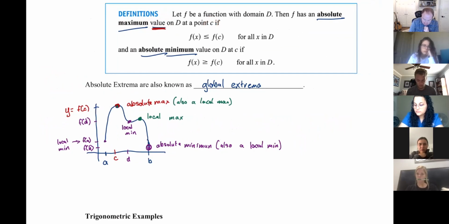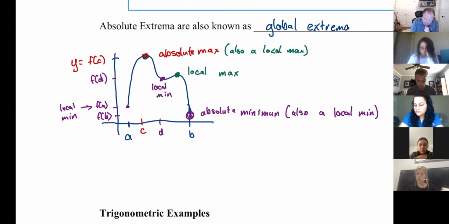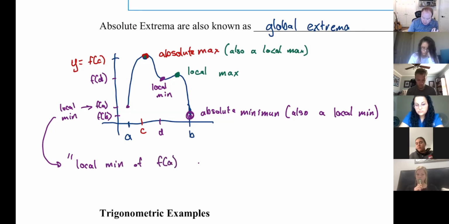So let's look at this one right here. We would have a statement like, we have a local minimum of f of A at x equals A. So this is kind of the statement you'll see. Okay. So the thing to note is the actual value is what we're concerned about. Okay.